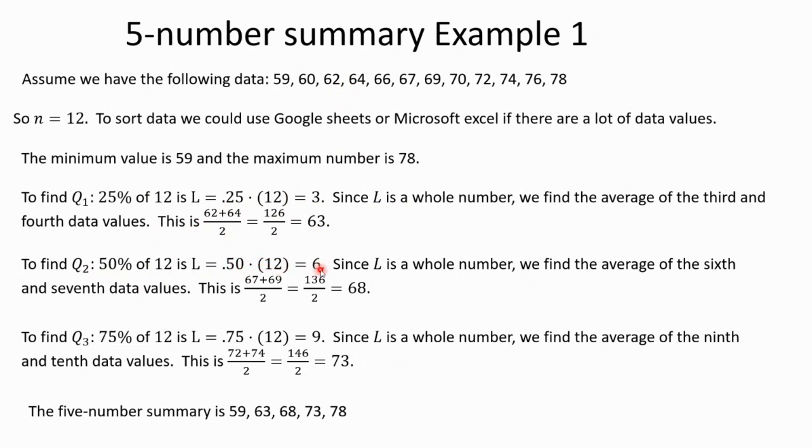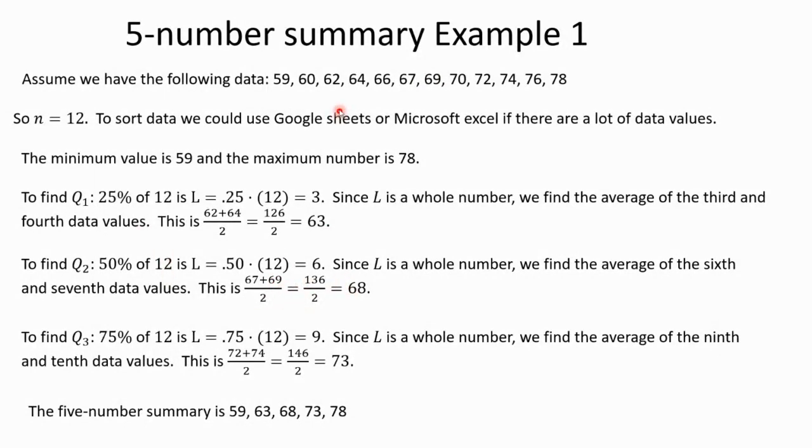So 6 is a whole number, right? So we look at the 6th and 7th data values: 1, 2, 3, 4, 5, 6, and 7. That's 67 and 69, the 6th and 7th data values. We get their average. Average is the same as mean. That's what I'm doing here, and we get 68.